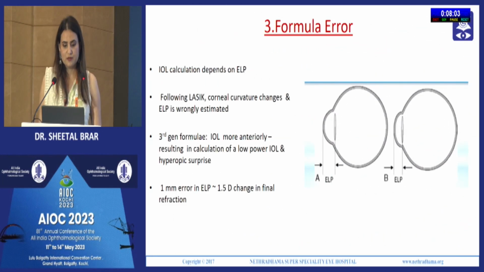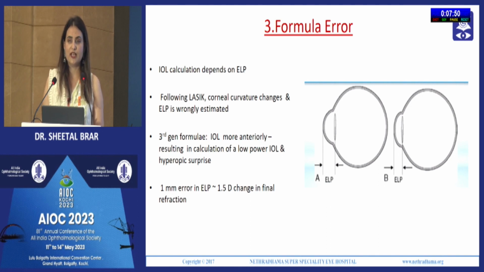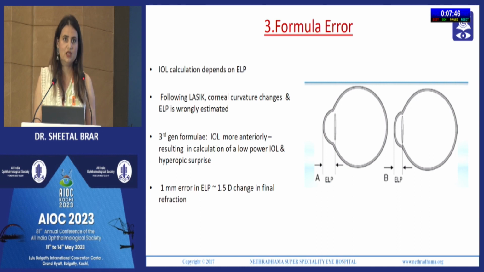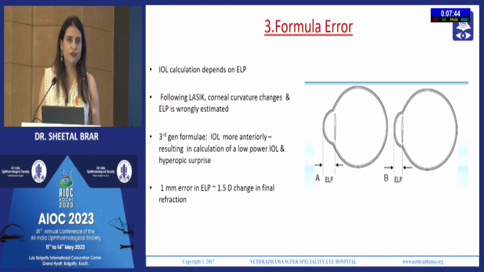Formula error is the error that arises due to problems with calculation of the effective lens position. Following LASIK, corneal curvature changes, as we all know, and due to this, the effective lens position can be wrongly estimated. The third generation formulae which we are using, like the SRK/T, Hoffer Q, and Holladay 1 formulae, calculate ELP.